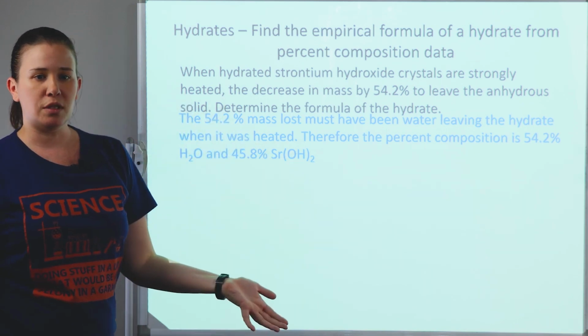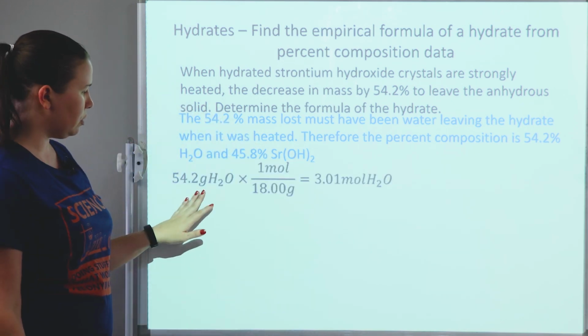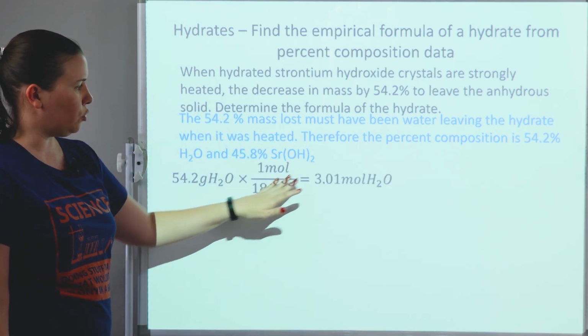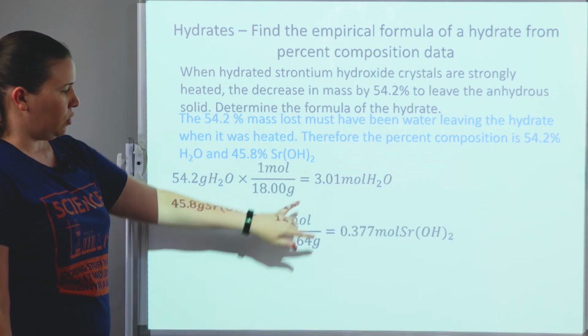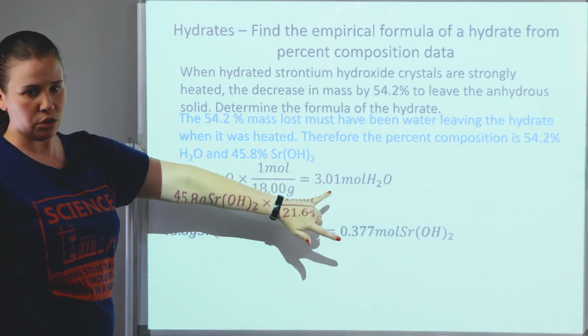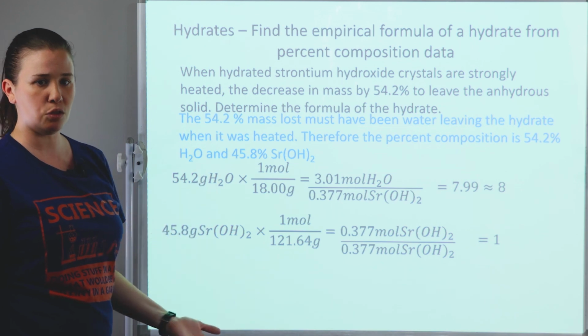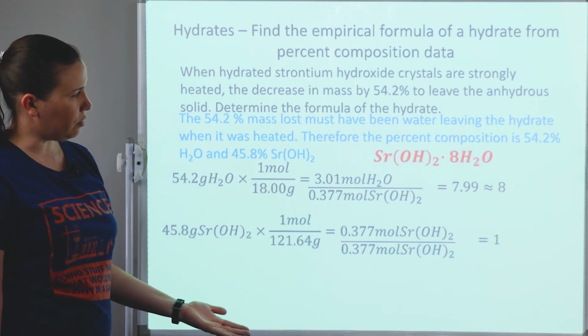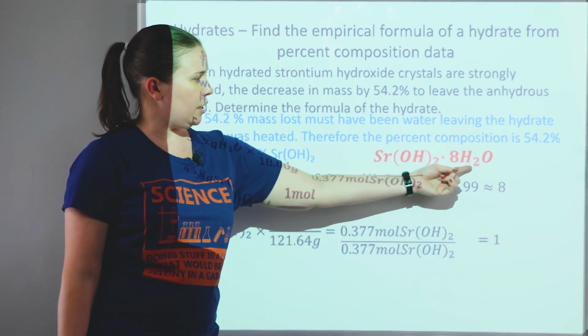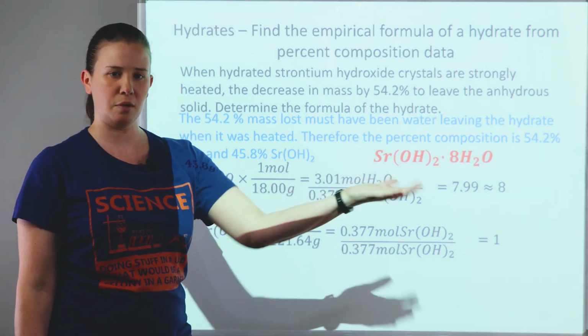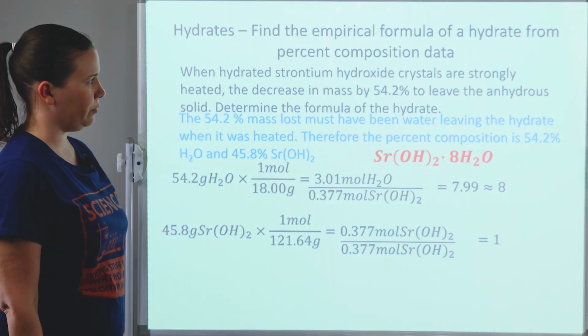Then you can assume those percentages are of 100 and just start treating them as grams, using your molar mass to get into moles. Once you're in moles, you're in the home stretch. You're just going to divide by the smallest so you can get your ratio. The 8 to 1 ratio tells us how much water per anhydrate.